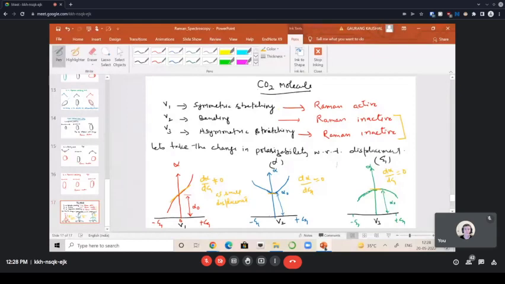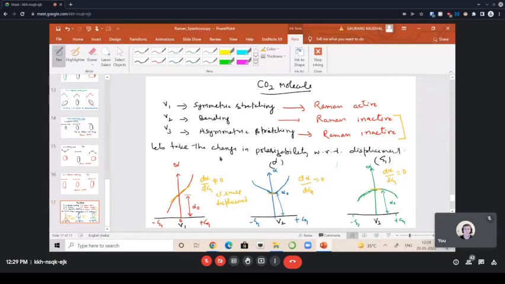From this discussion, we can say that a particular mode will be Raman active when there is a change in the slope of the curve between polarizability and displacement coordinate, or in other words, when there is a significant change in the polarizability with a small displacement of the displacement coordinate.